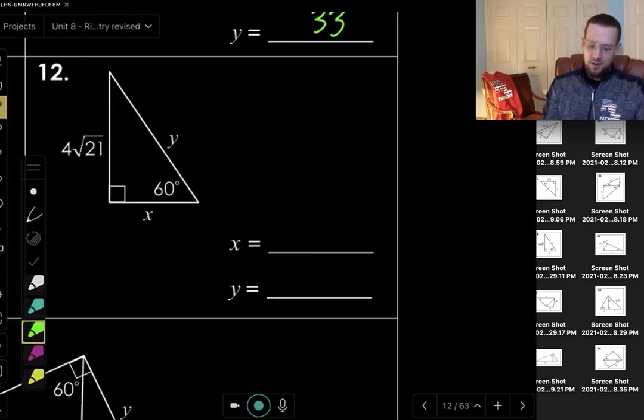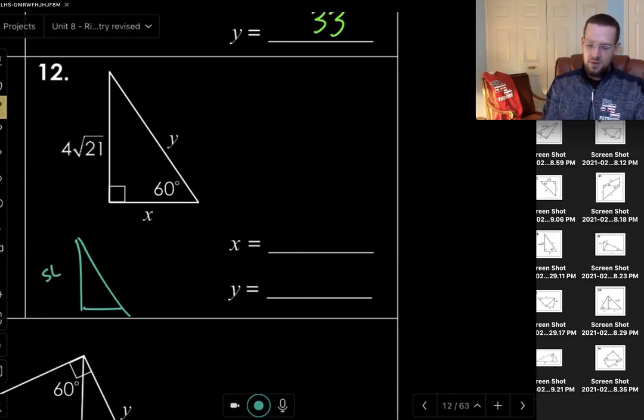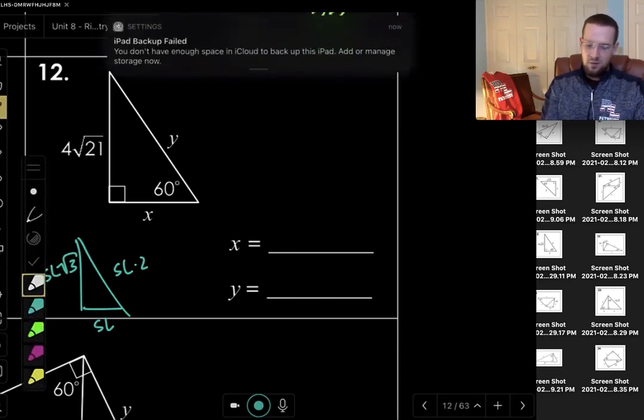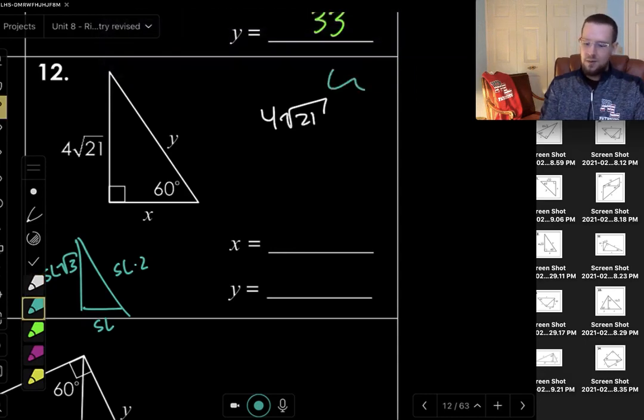So this next one, I'm just going to write my reference triangle down here: short leg, square root 3, short leg times 2. And what do we see here? Well, what we have here is the square root of 21. But remember that we can break this up into its factors, right?